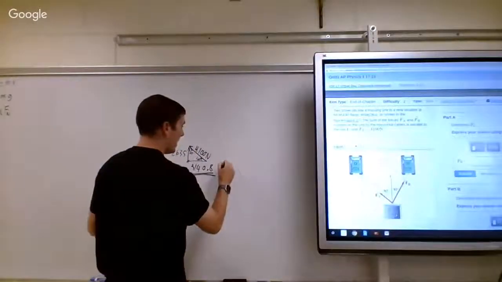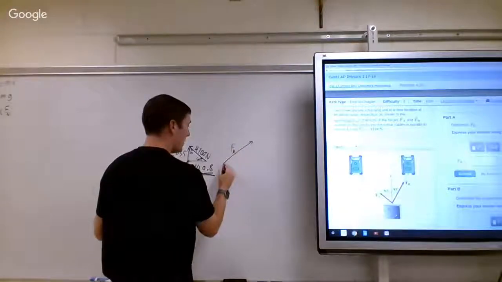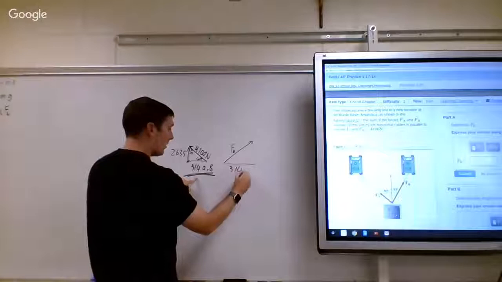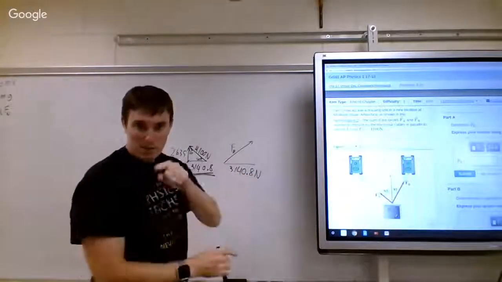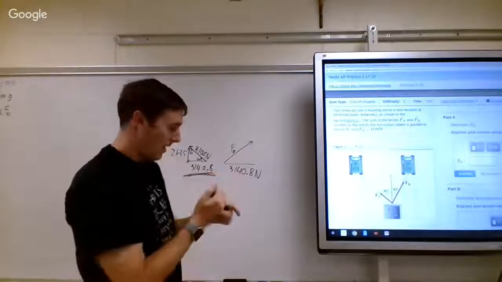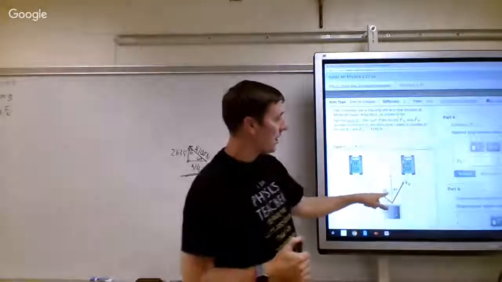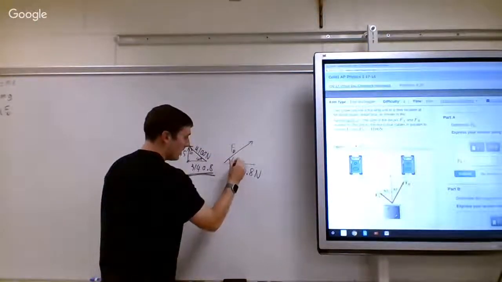So you have FB coming off this way, and we know the horizontal piece of that is the same as this, 3140.8. That's my number. Make sure you use your numbers. And we have the angle right here is 30, which means the other angle that I care about right here is 60 degrees.